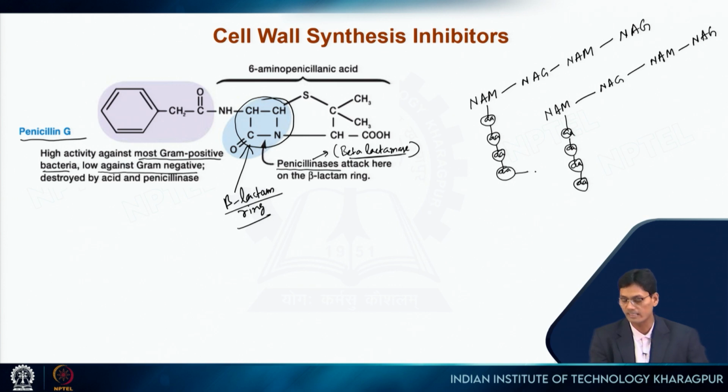As I mentioned before, glycine 5 or some direct cross-linking is present between this short polypeptide chain, and that finally forms this mesh-like structure.